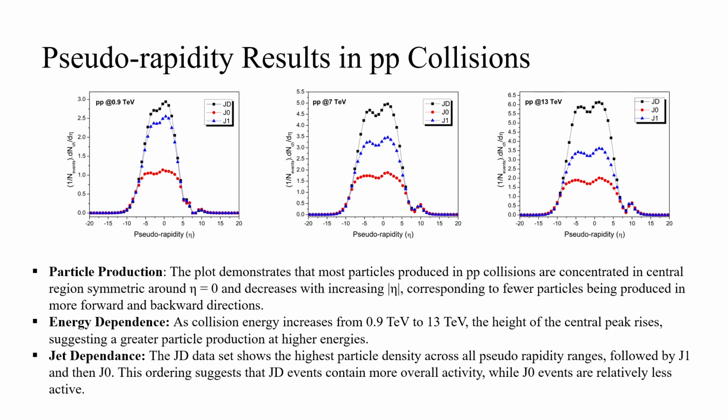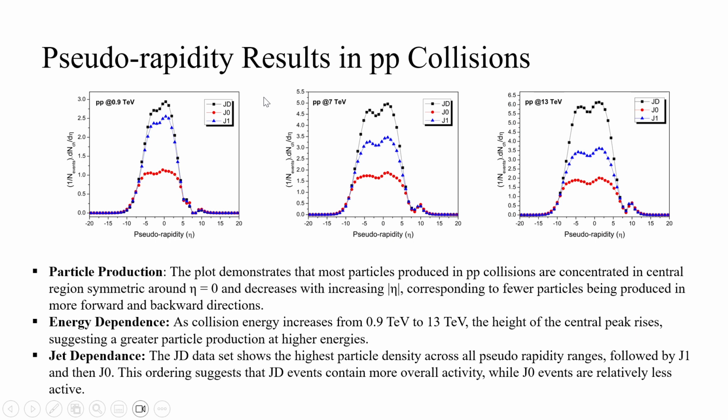Our second implication is that these results highlight how collision energy influences the spatial distribution of particle production. Understood? This is very important for understanding the dynamics of proton-proton collision.